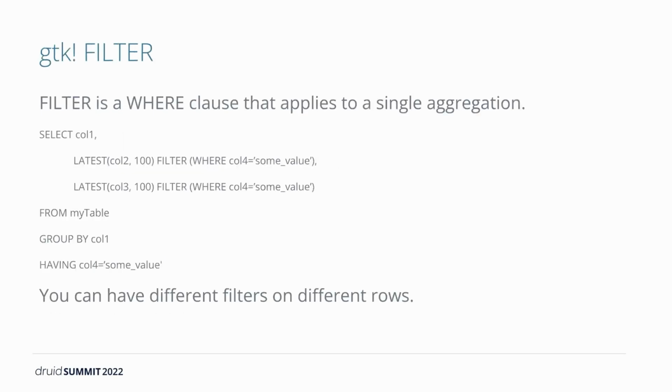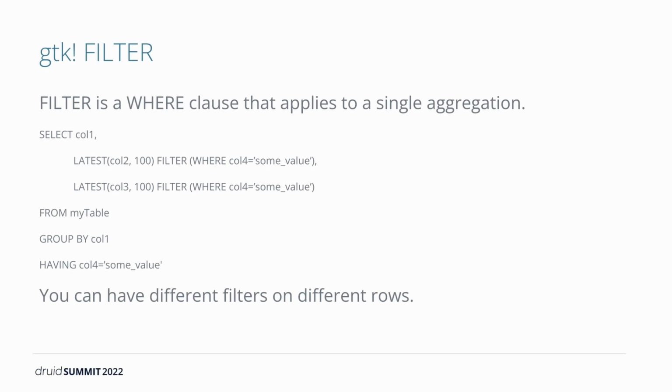We have some things that I think are good to know if you're using Druid SQL. First is the filter clause, or function, whatever you want to call it. It's a where clause that applies to a single aggregation, a single thing in your query. So in this example, as you can see, we have a latest, and then it says filter, where, and so on.